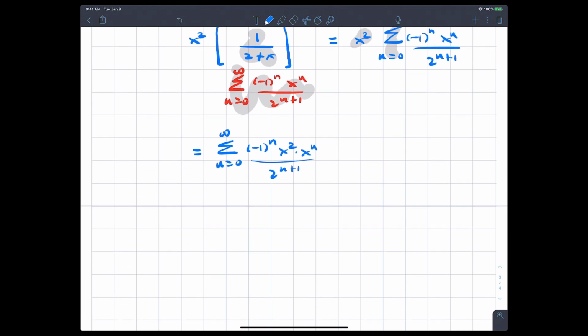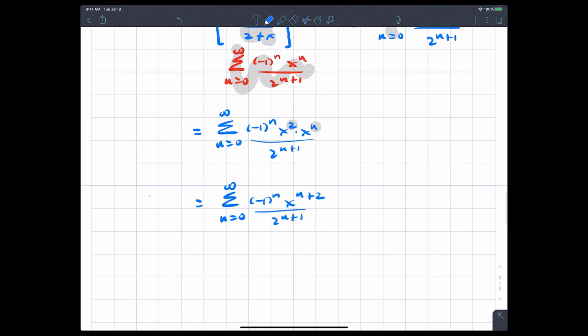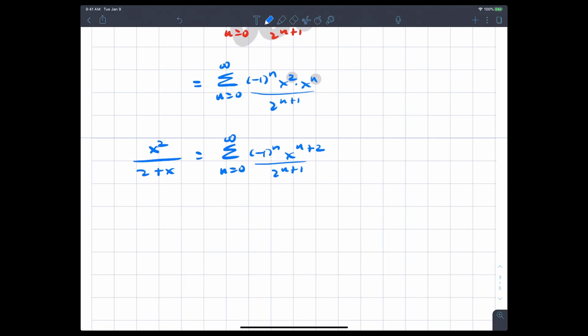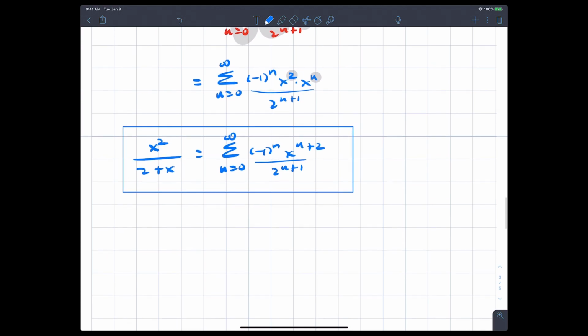And by algebra, properties of exponents again, we can actually write this as the sum, n is 0 to infinity, negative 1 to the n, x to the n plus 2 over 2 to the n plus 1. And that was x squared over 2 plus x. And so you can actually say, here you go, here's an answer, here's a power series expansion. You can say you're done.